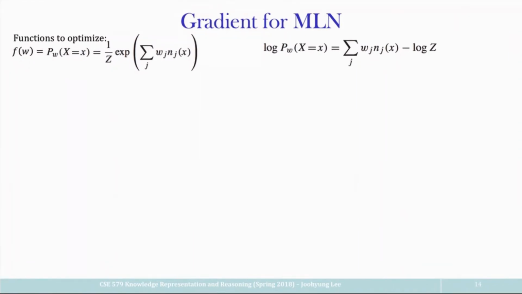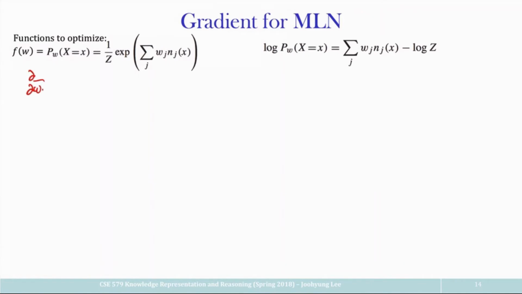This is a bit of a complex derivation, so let's do this carefully. So we are going to look at the gradient of this log likelihood function with respect to some particular weight Wi.